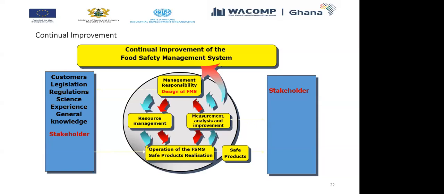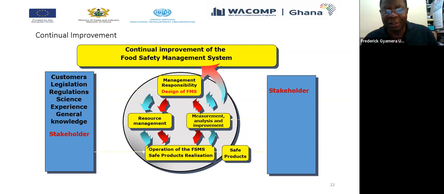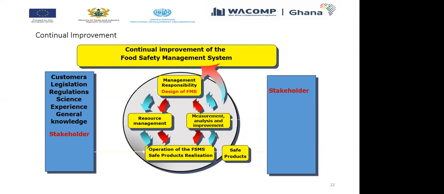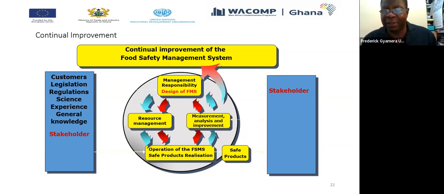Plan so that this risk management tool is incorporated into your system. That is the continual improvement of your food safety management system. So at the end of the day, whatever comes out of your activity, your production, is safe products, so that your stakeholders, customers, regulations, everything generally will be on point.